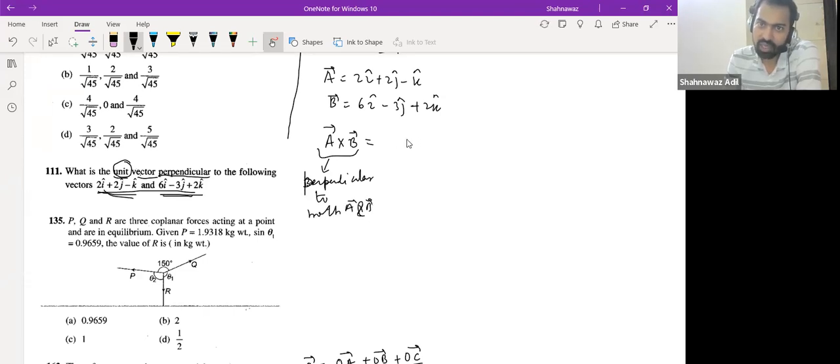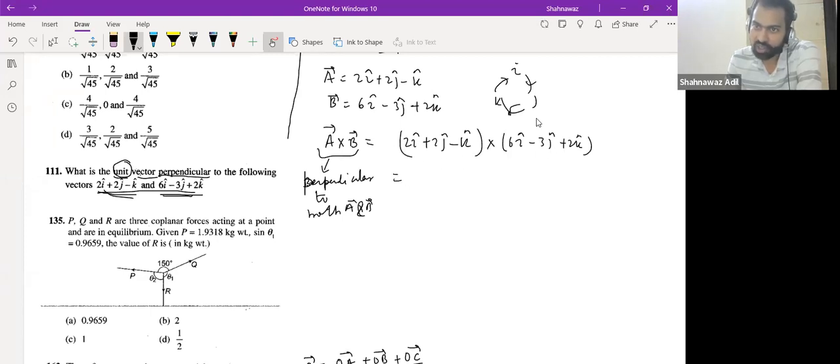And we want to calculate 2i plus 2j minus k cross 6i minus 3j plus 2k. So we have this cyclic group i, j, k, and this is the direction. So i cross i is 0. i cross j: 2 times 2 is 4, so 4k hat. i cross k is minus j, so minus of 2 times 2, which is 4j.